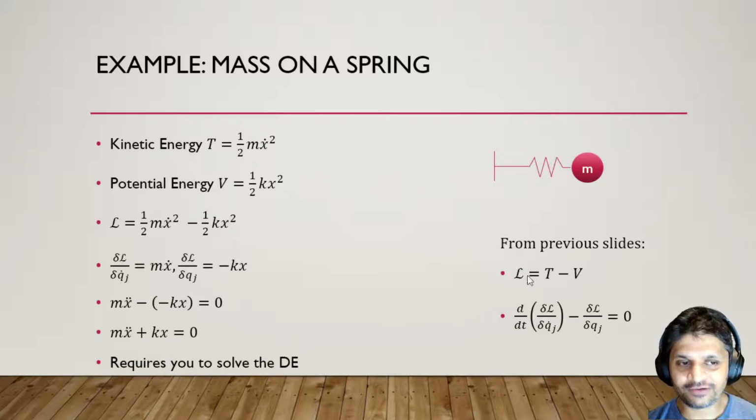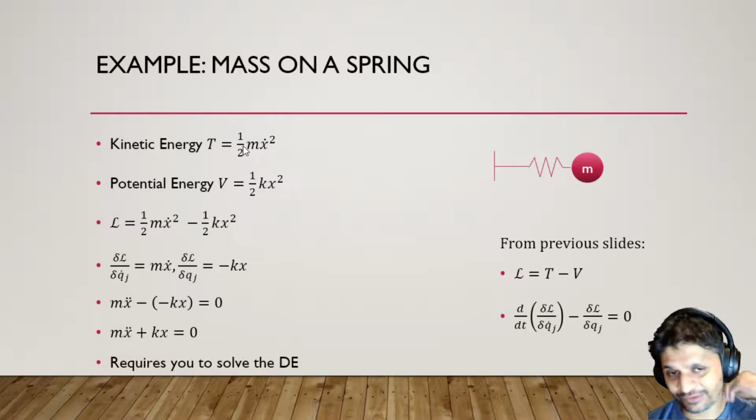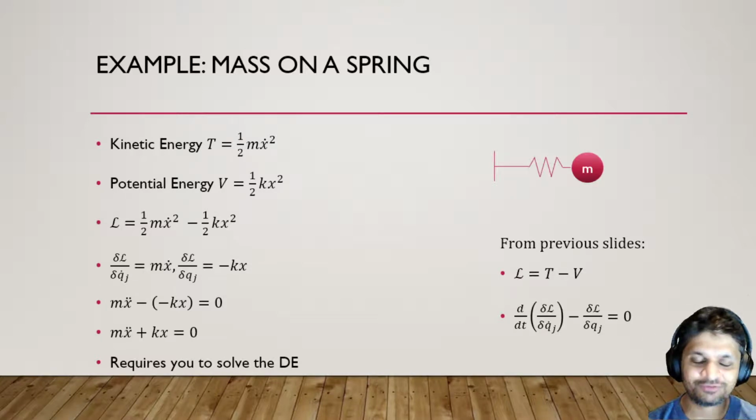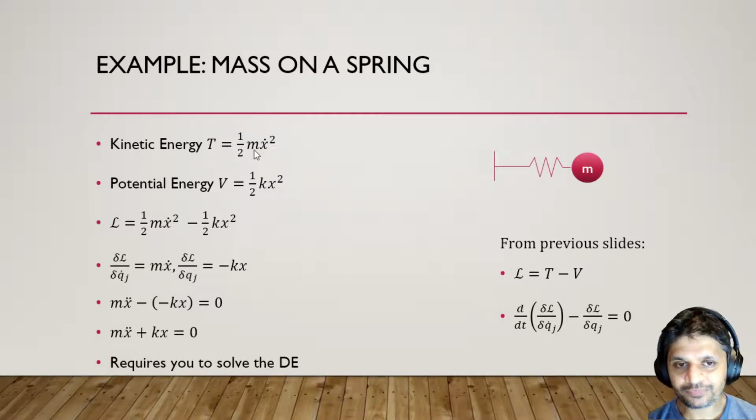So let's do this analysis. We know that the Lagrangian is T minus V, so what's T? T is half mv squared. It just always is. We don't even have to think about that. So it's half m x dot squared, and we just don't care. The potential energy of a mass being pulled by a spring is half kx squared, where k is the spring constant, which specifies the hardness of the spring, how much it will pull.